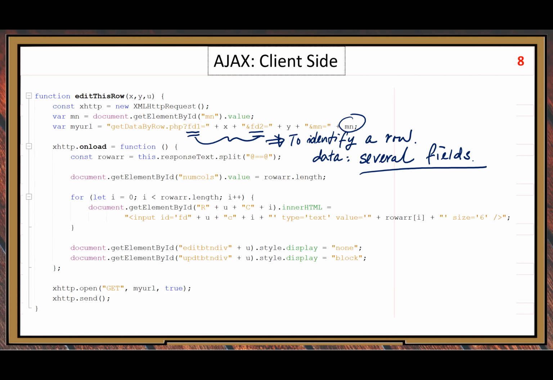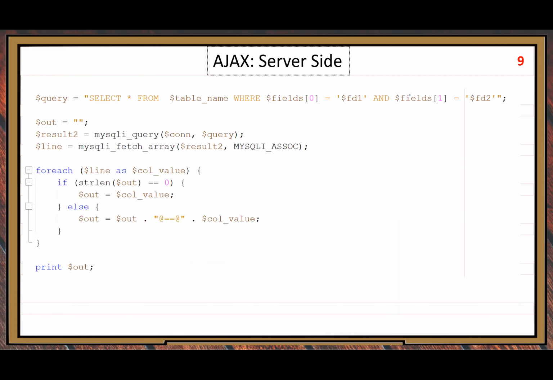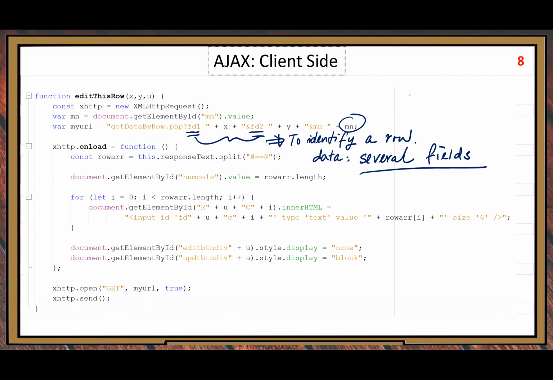So the best way to do this is to store several fields in a special structure. In this case, the best way is to use JSON, a data transmission format. So we can specify different fields. We can send an array of data in this JSON format.